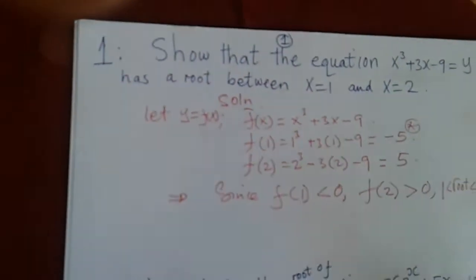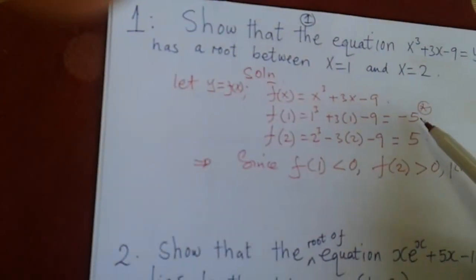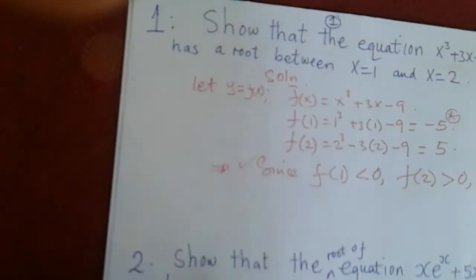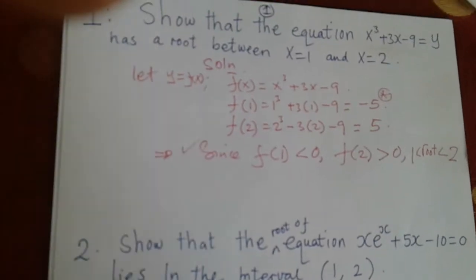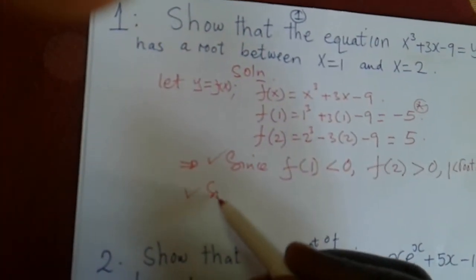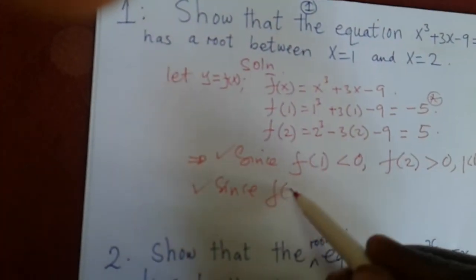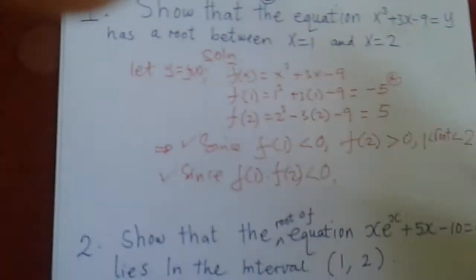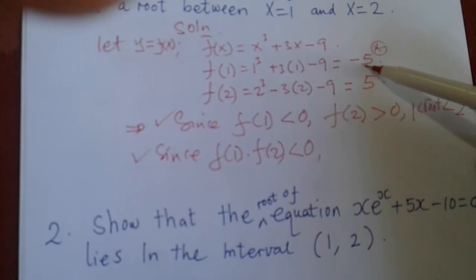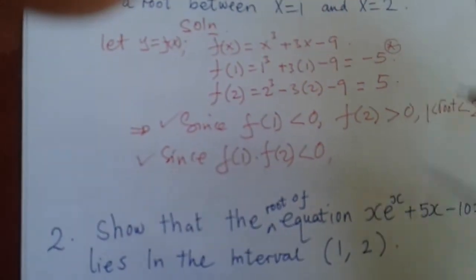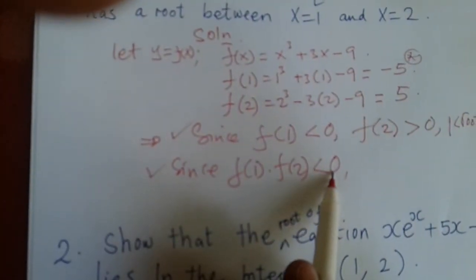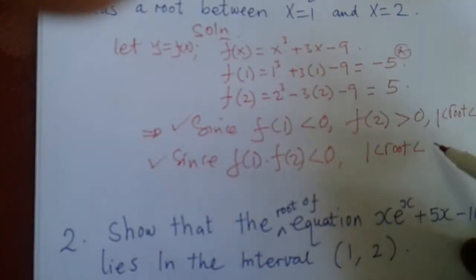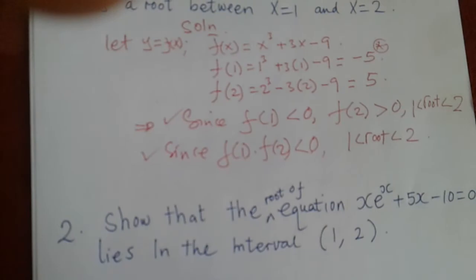This is your conclusion, and you can realize that there is a change of sign of the function. Or you can say since f of 1 times f of 2 is less than 0, because multiplying f of 1 by f of 2 gives a negative, it means it is less than 0, that means the root still lies between 1 and 2.